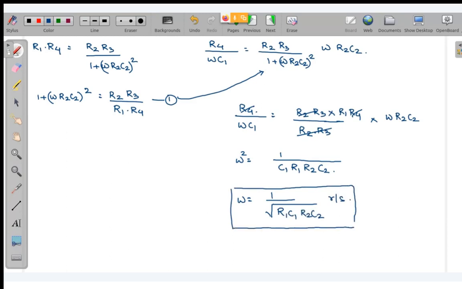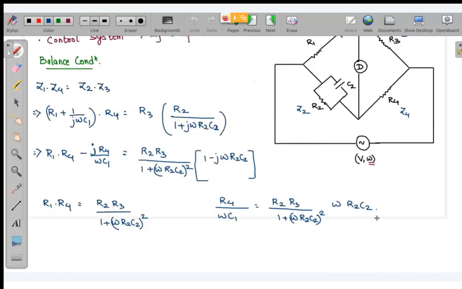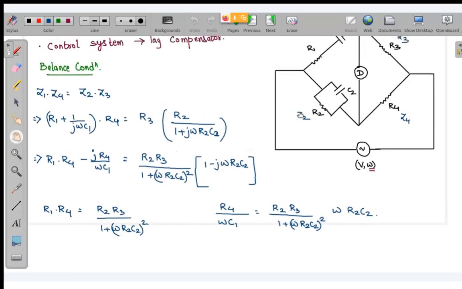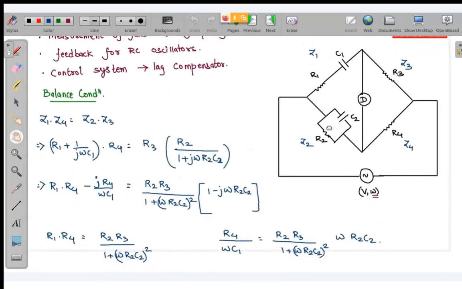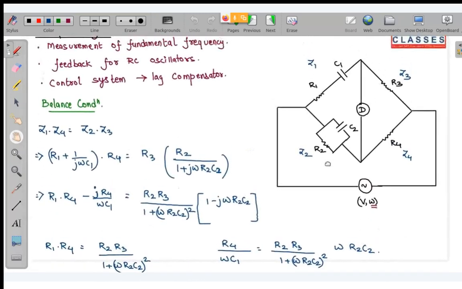Tell me, is it clear? So now, which parameters can we manipulate over here to bring the bridge to balance condition?